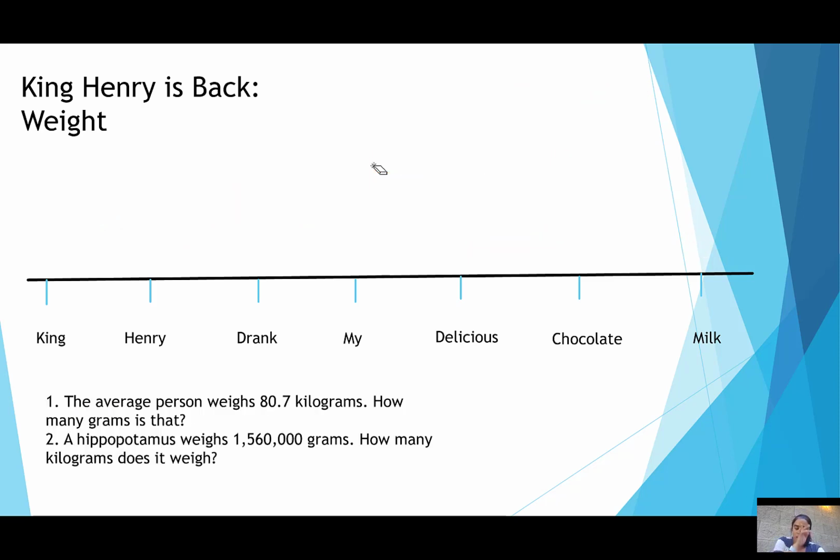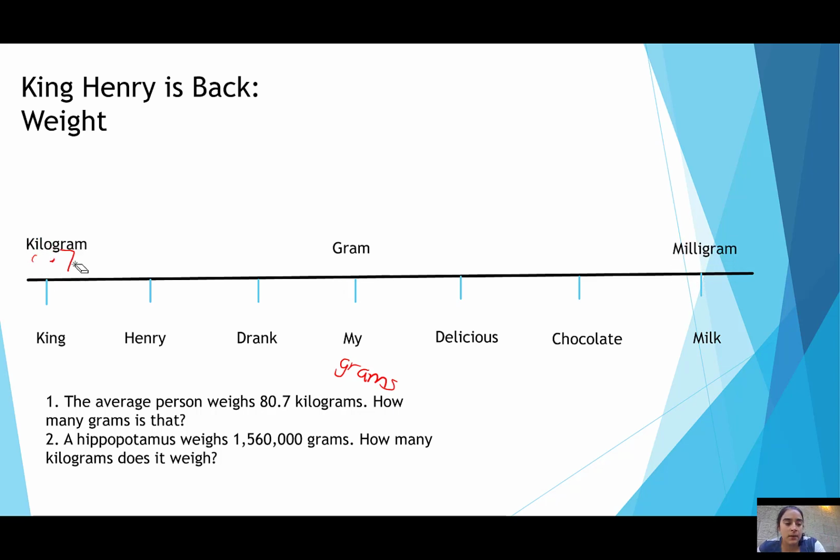So let's try one. The average person weighs 80.7 kilograms. How many grams is that? Okay, so grams here is the base unit, where my M is. And here the K in King is kilograms.